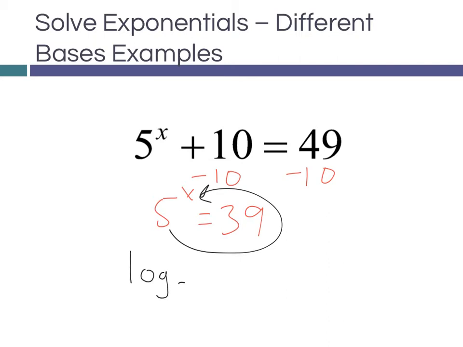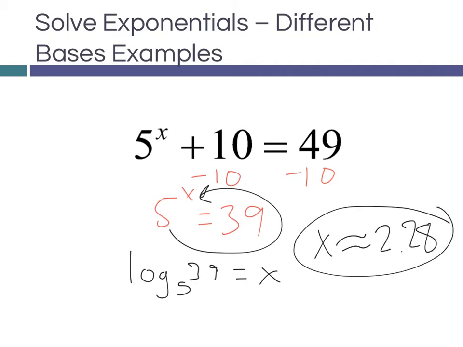Log base 5, because that's the first one I start with, of 39, because that's the next one I pass, equals x. And I can just math alpha math that or change the base. Either one is going to work. You'd have log of 39 over log of 5 if you did change of base. And what I'm going to get for x is approximately 2.28.